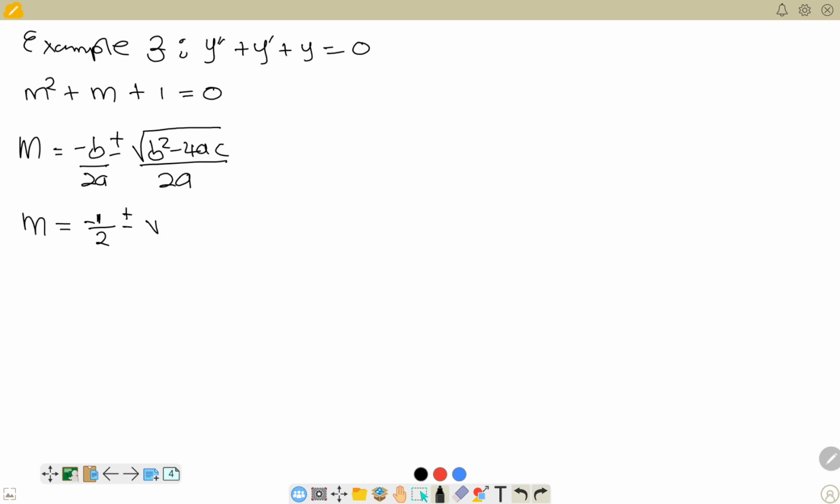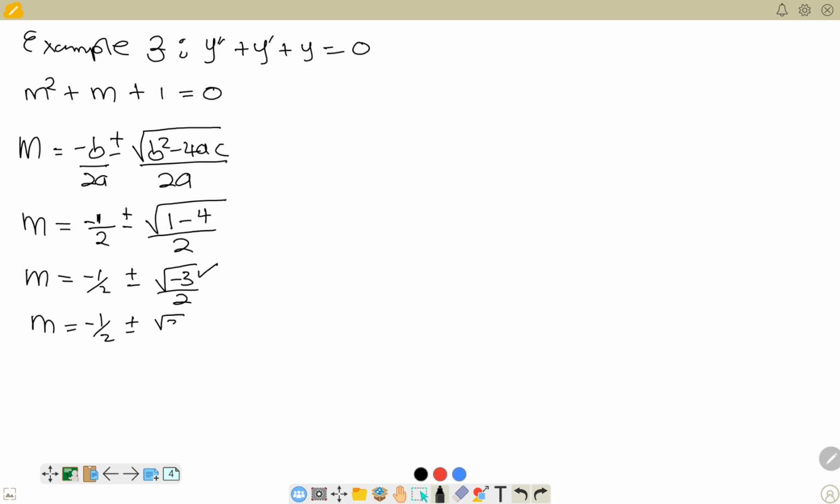Then plus or minus the square root of 1 square, which is 1, minus 4ac. It's just going to be 4 because it's still 1. Then we'll have 2 also there. Then we'll have negative 1 over 2 plus or minus the square root of negative 3 over 2. Then if we continue to solve, we will write this in terms of complex numbers.